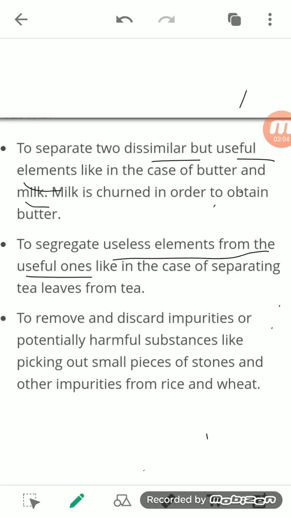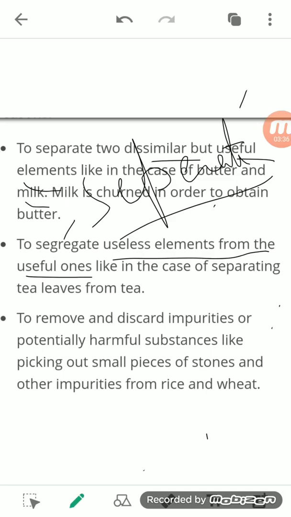And if we want the tea from the tea leaves, then the tea leaves are a kind of useless element, and we have to segregate them. Segregate means to separate. So to separate the tea from the tea leaves. Okay, so to segregate the useless element from the useful one.